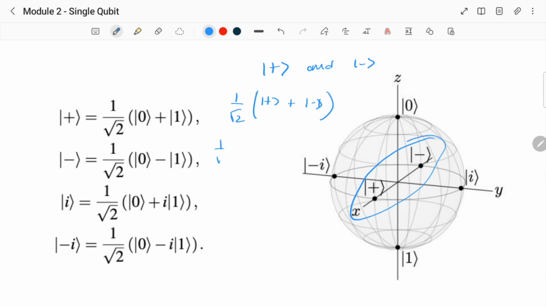So this would become 1 by root 2 plus, plus 1 by root 2 minus. Now again, this is exactly in the middle, so we know the state would be somewhere here. Okay, so again, this is a superposition, so all the states are superpositions of the basis states.